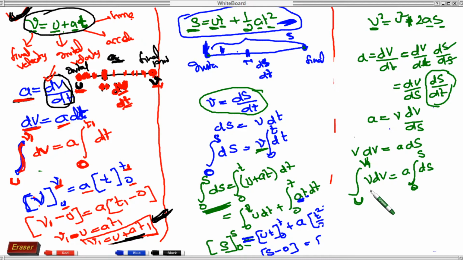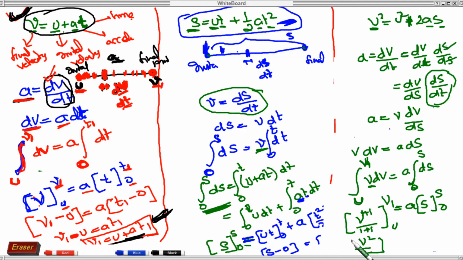So like I told you, when this type of integration comes, it will become v square over 2, from u to v1, is equal to a s, from 0 to s, so a s minus 0.